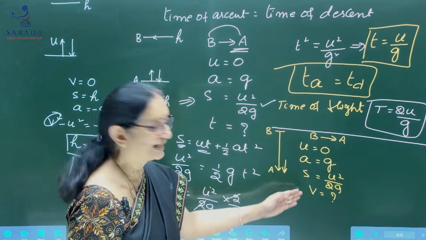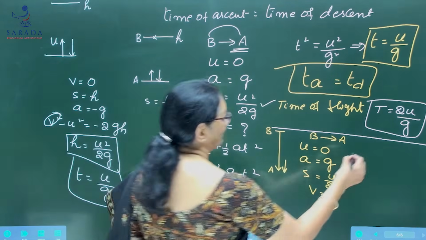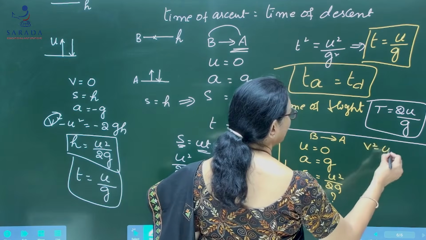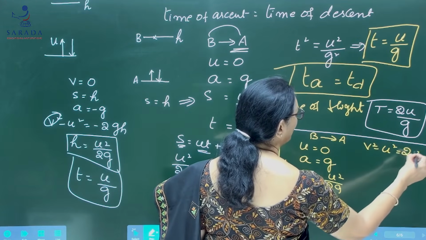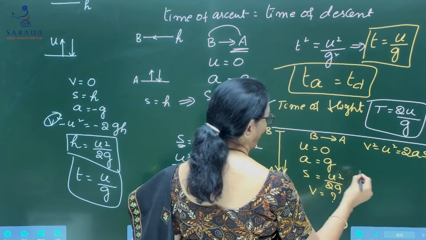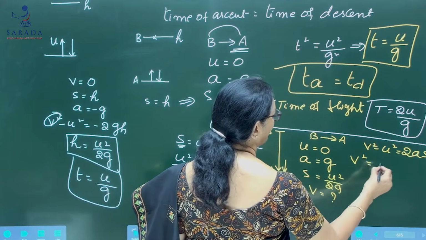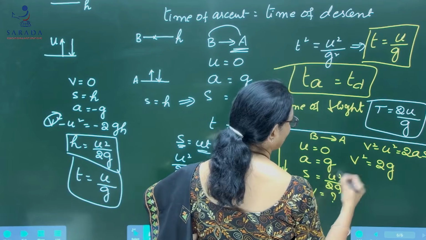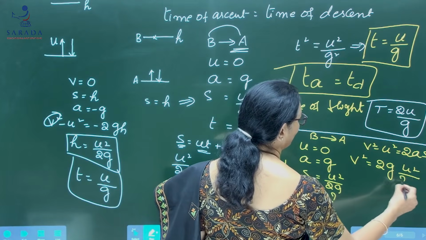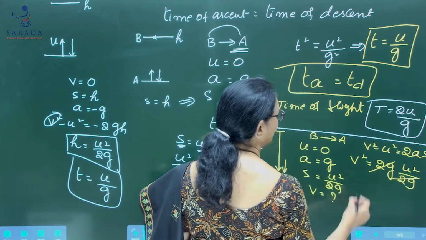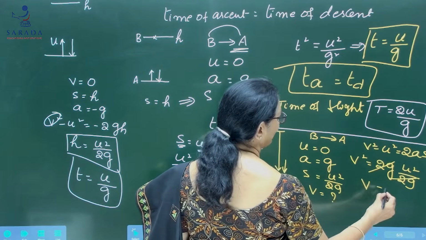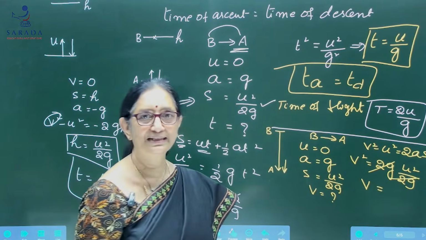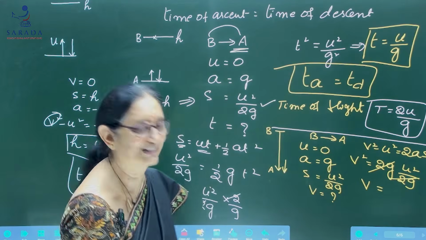What equation connects them? Yes, v square minus u square is equal to 2as, implies v square is equal to 2, a is g, s is u square by 2g. This and this get cancelled. v square is equal to u square, v is equal to plus or minus u.